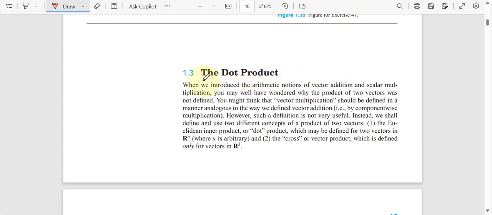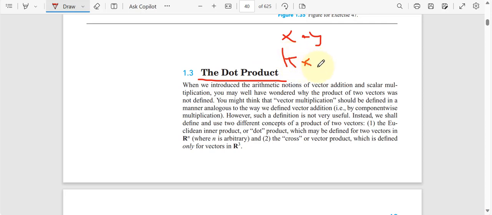Okay, so section 3 is on the dot product. Before, what were the things we defined? We defined x plus y, where x and y are vectors. We also had k times x, where k was a scalar and x is a vector.